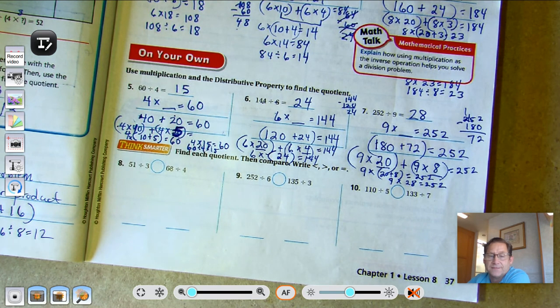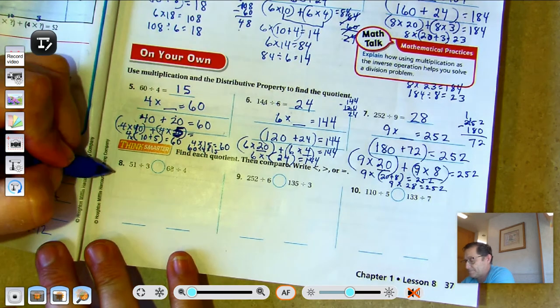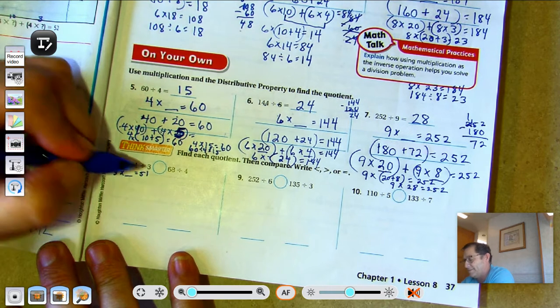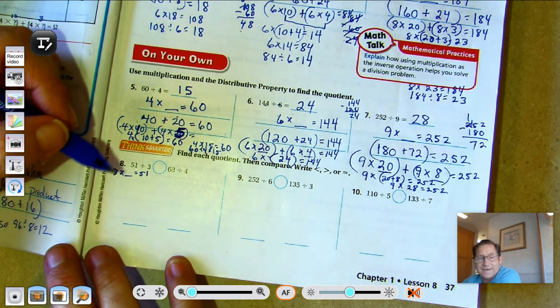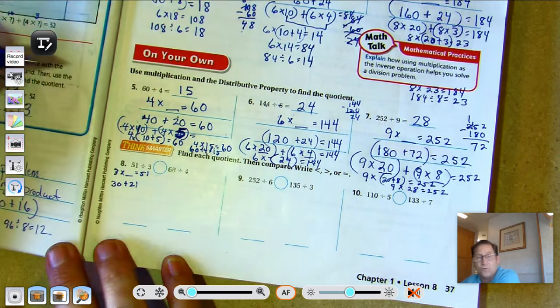Find each quotient, then compare using less than, greater than, or equal. 51 divided by 3 compared to 68 divided by 4. 51 divided by 3. So 3 times something is 51. Well, I can break up 51 into 30 and 21.